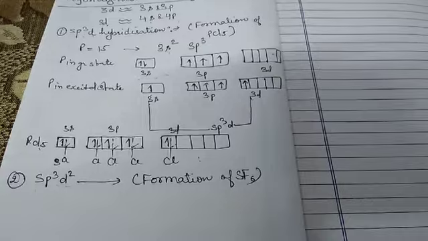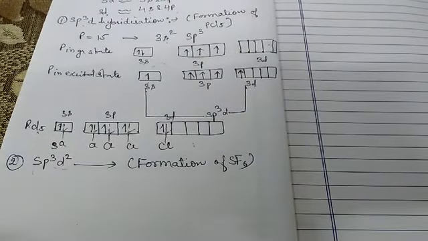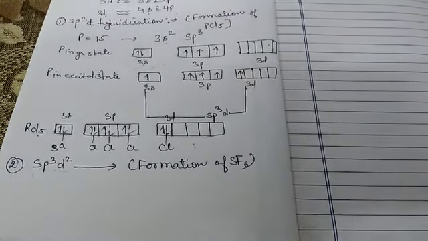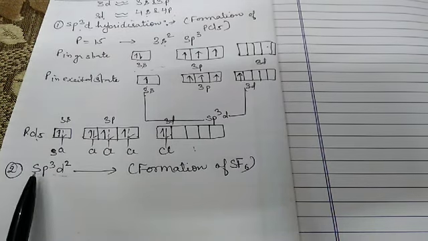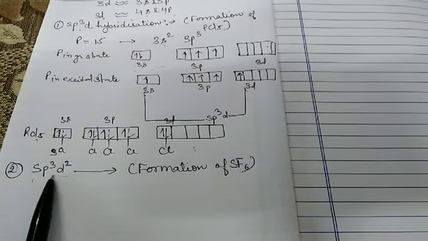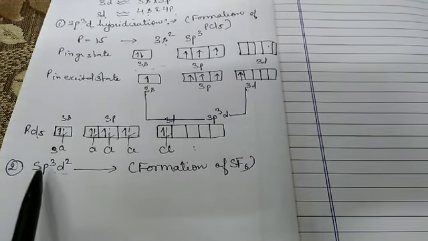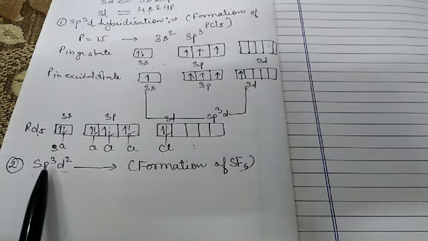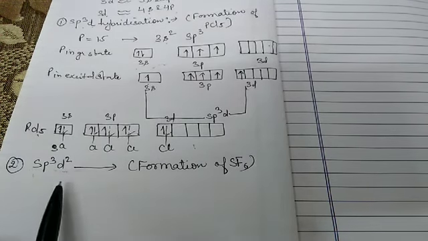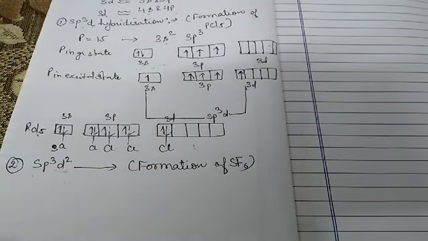It is clear from the name that one s, three p and two d orbitals intermix together and form sp3d2 hybridization. Let us discuss it with the help of an example.